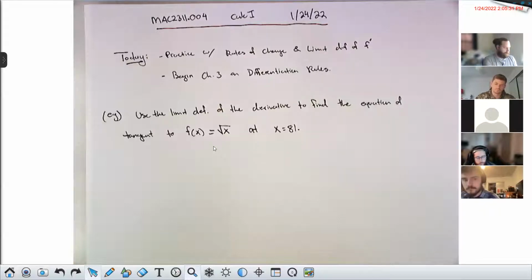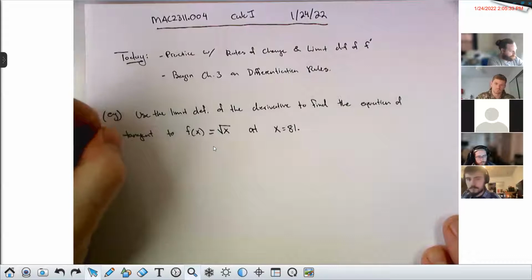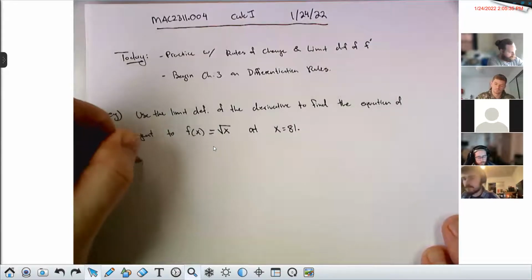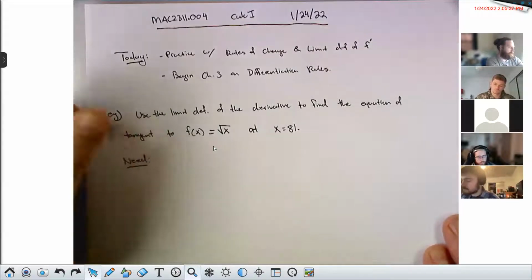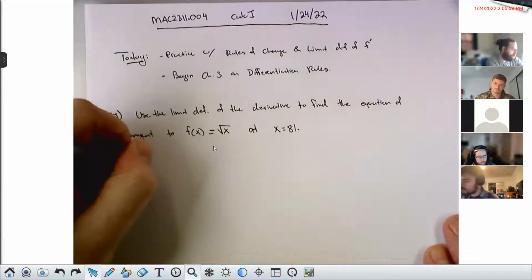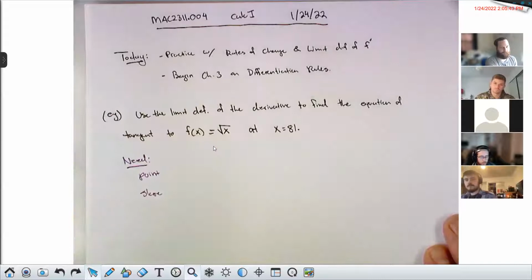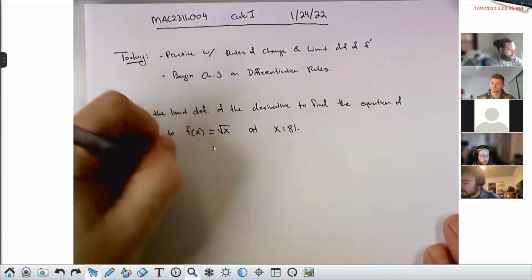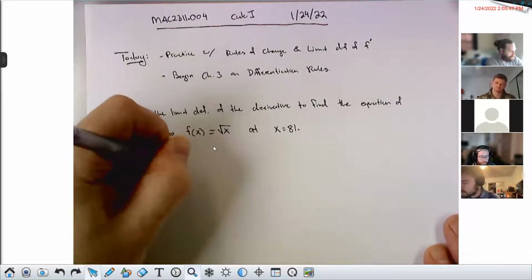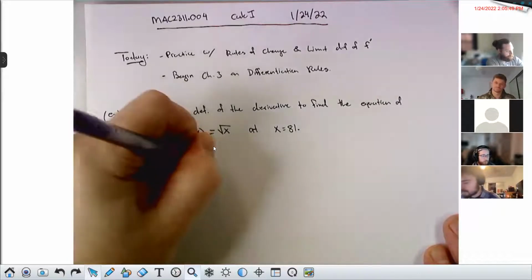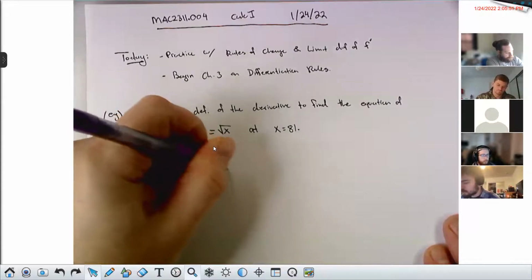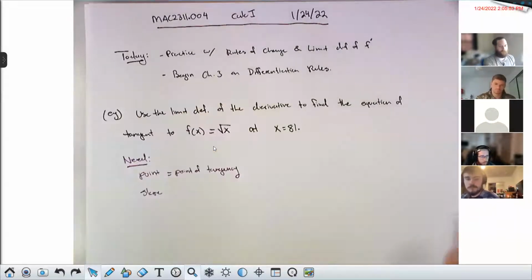And big picture, our strategy, we need two things. In order to find the equation of any line, you need a point and a slope. The point is always the point of tangency. That's the point where the tangent line is tangent to the graph, right?